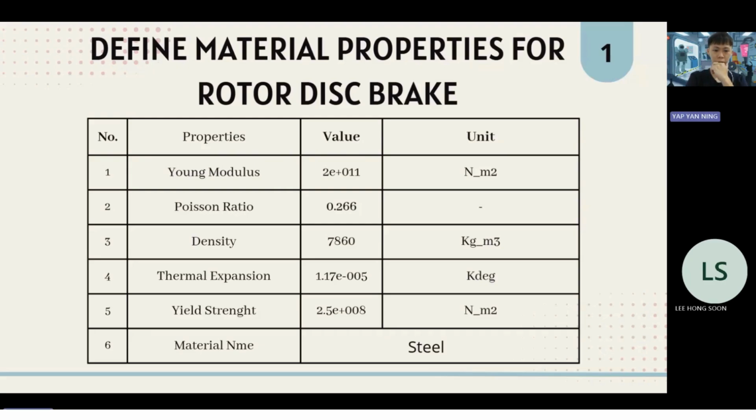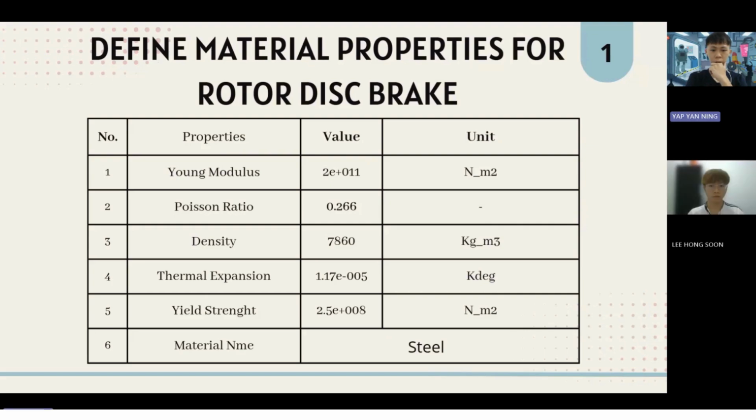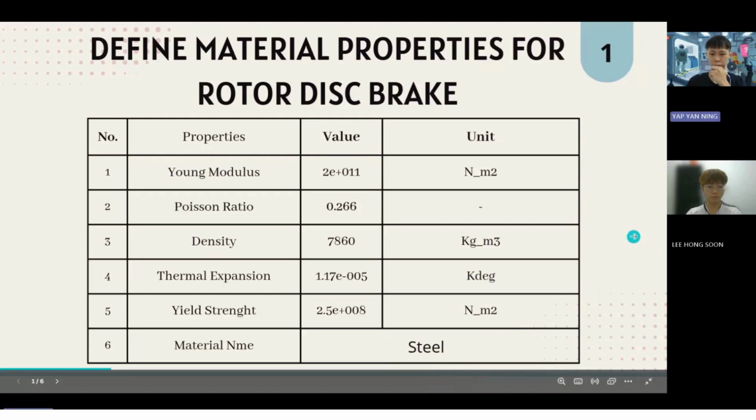The fourth one is the thermal expansion, where the value is 1.17 times 10 to the power of negative 0.005, where the unit is Kelvin degree. The fifth one is yield strength, where the value is 2.5 times 10 to the power of positive 0.008, where the unit is Newton per meter square. And the last one is the material, where the material of our disc brake is steel.